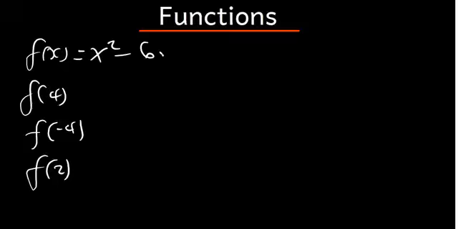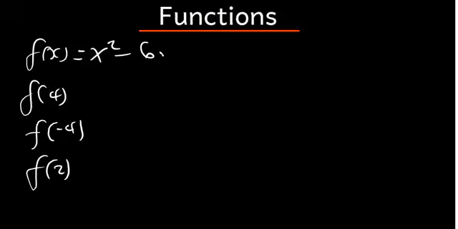If you've been given a function, and they ask you to find f of 4, find f of negative 4, find f of 2, what it means is that where there is x in the first equation, we need to put 4, then find the value.